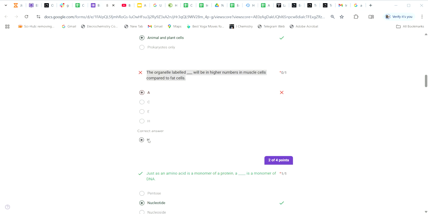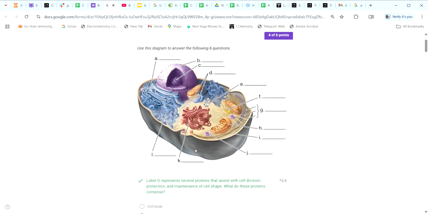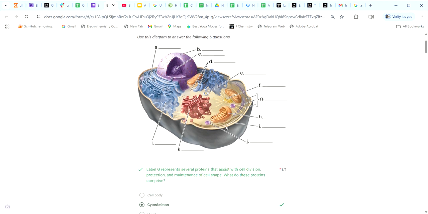Mitochondria. This is mitochondria, so the structure should be this H. Yes, that is mitochondria.